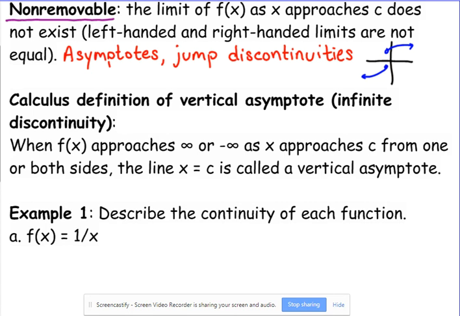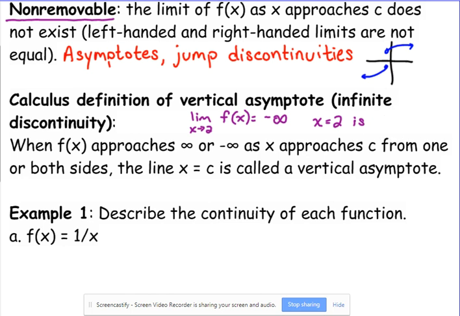Now, I know you know what a vertical asymptote is, but I bring that up because they like to do problems like we just did, that question of the day, where they use limit notation, and you've got to recognize the limit notation is describing a vertical asymptote. So if you see the limit as x approaches 2 of f of x equals negative infinity, then x equals 2 is a vertical asymptote.